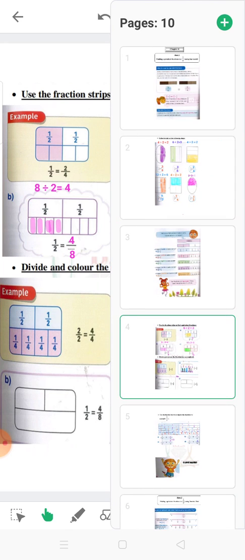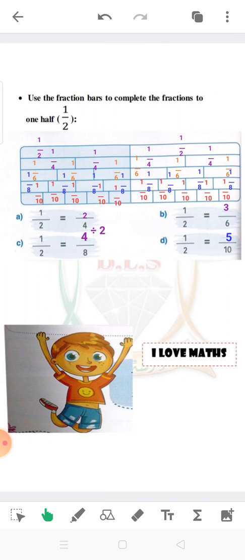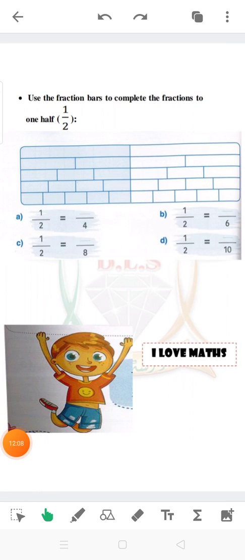Okay. Let's take the next. Look at this example. Use the fraction bar to complete the fractions to 1/2. Okay. This represents a half. Let's write half and a half. Okay. It's cut into 2 equal parts.